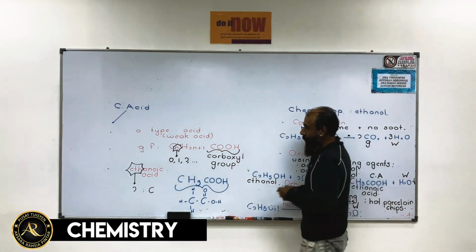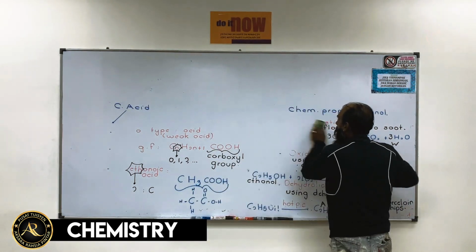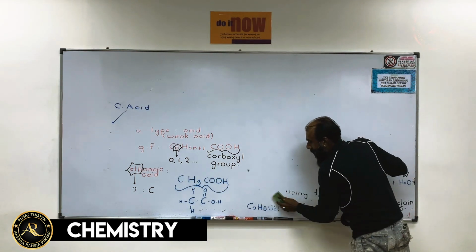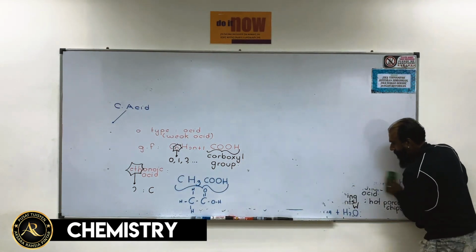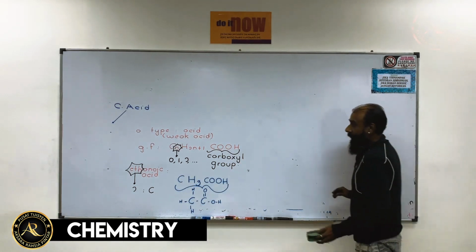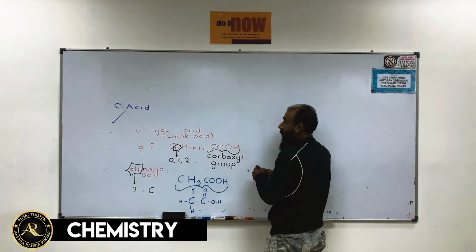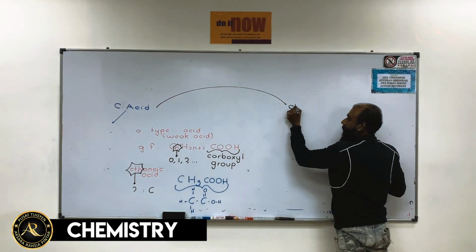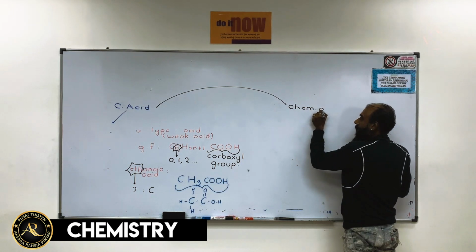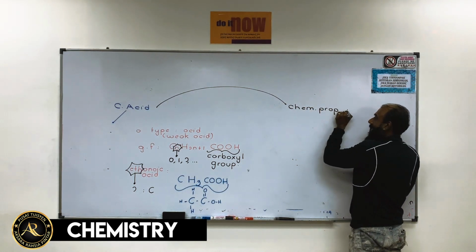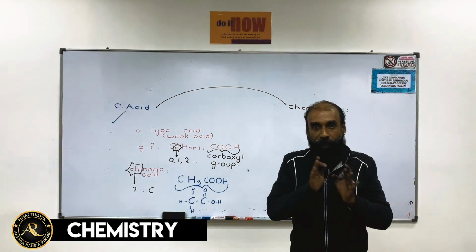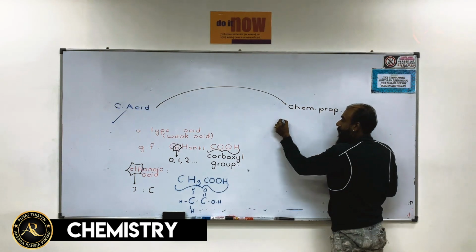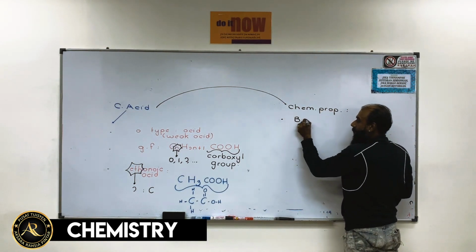Now let's look at the chemical properties of carboxylic acid, in technique form. This is an acid. It reacts with the base.